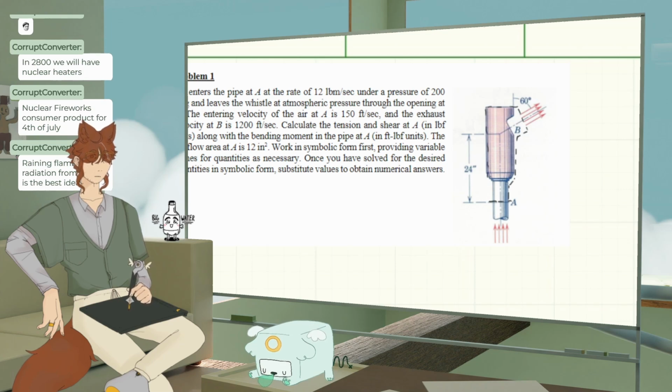We don't want to deal with the pressure force inside the whistle, so we're going to take the whole thing. Entering velocity is that, and the exhaust velocity is that, so we get two velocities. Calculate the shear and tension at A, along with the bending moment in the pipe at A. The net flow area. Oh, they gave us an area, that's nice.